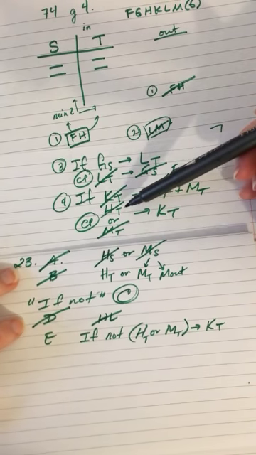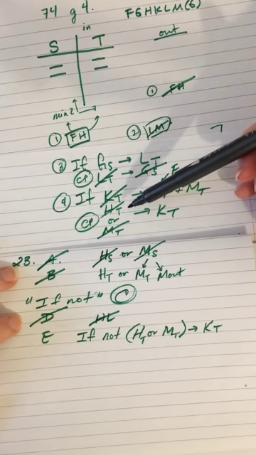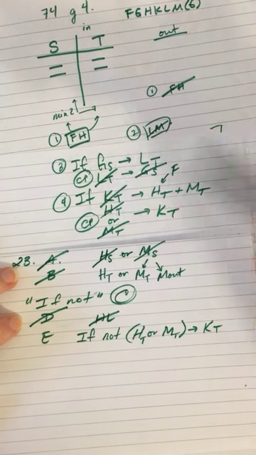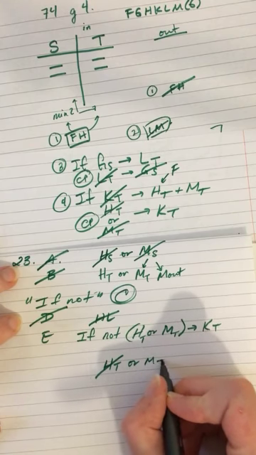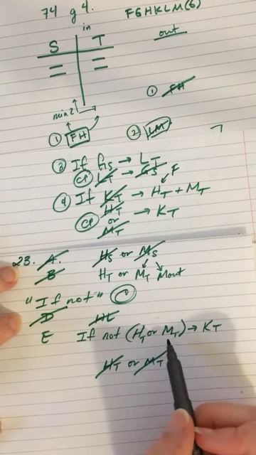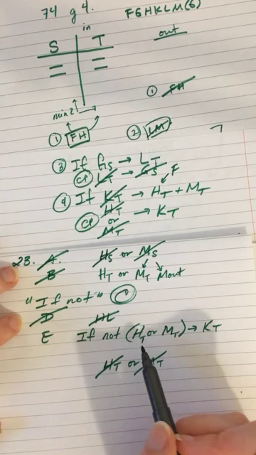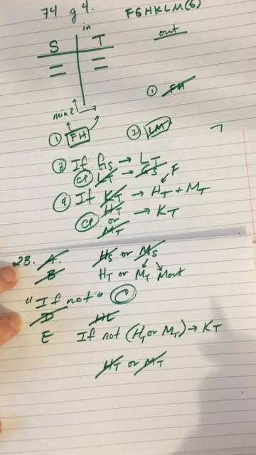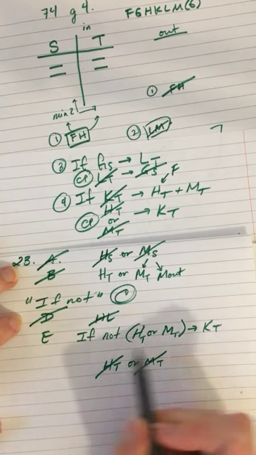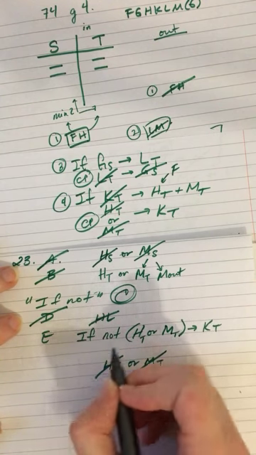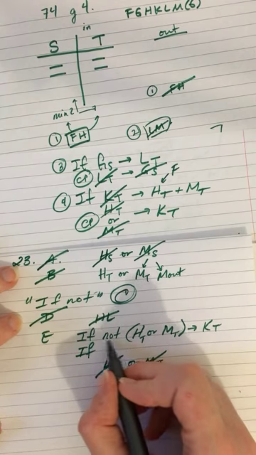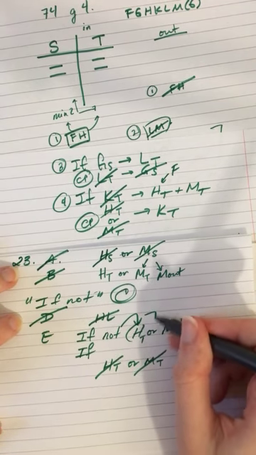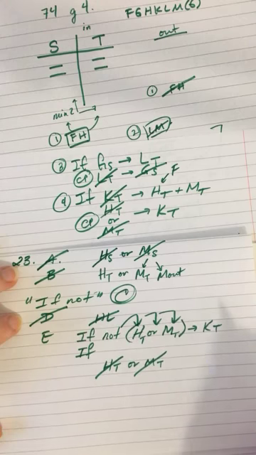Now, it's probably not immediately obvious, but H is not assigned to T or M is not assigned to T isn't the same as unless either H or M is assigned to T. So actually, the negation here, this not, has to be applied to every element within these brackets.